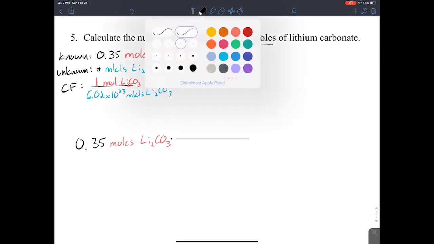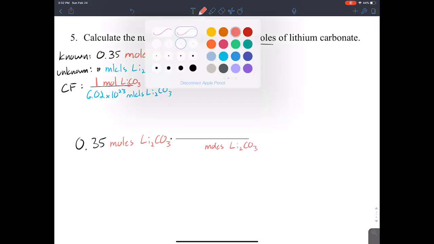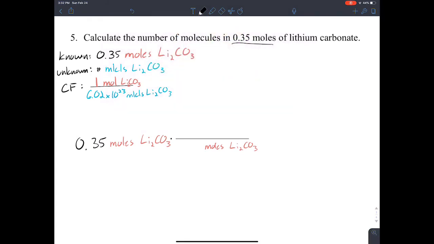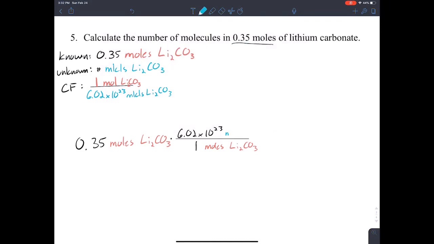We need moles of lithium carbonate to cancel, so it goes down here. Our conversion factor is 1 mole of lithium carbonate for every 6.02 times 10 to the 23rd molecules of lithium carbonate.